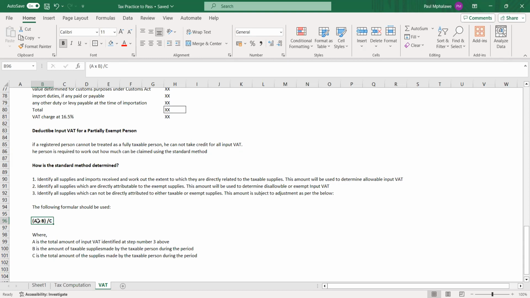Number two, another point to note is that the registered person can claim all the input tax when, after applying the above formula, the fraction of the taxable supplies to the total supplies is more than 95%.